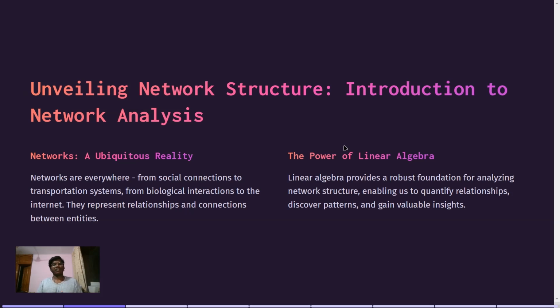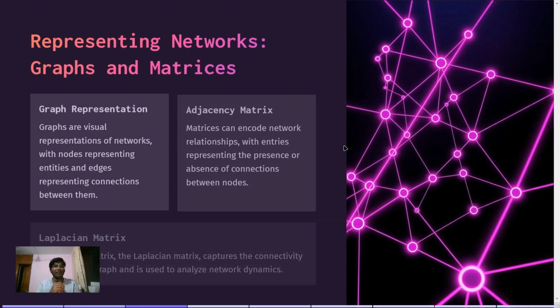And the power of linear algebra: it provides a robust foundation for analyzing network structures, enabling us to quantify relationships, discover patterns, and gain valuable insights. So, let's move on to the next slide.